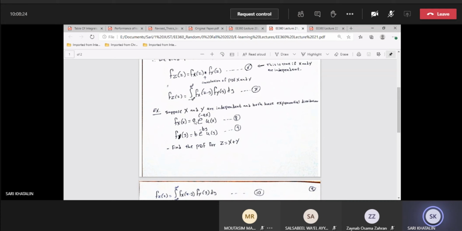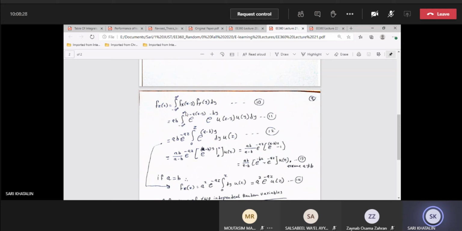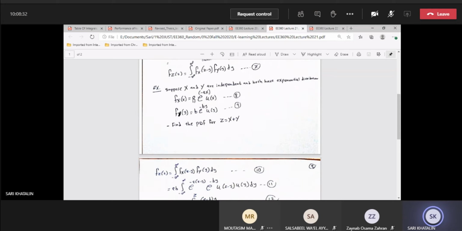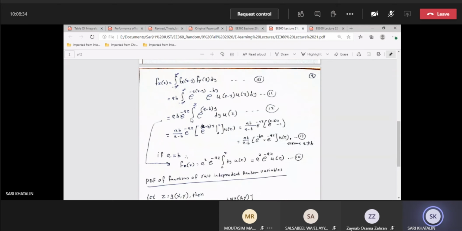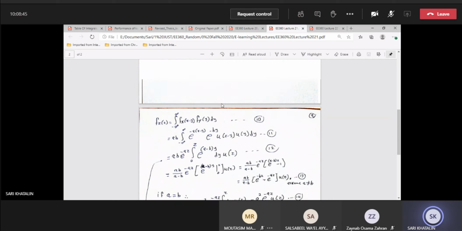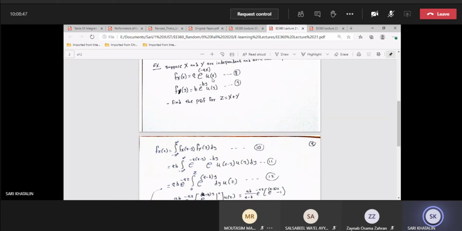You take the first one right here. Of course, A and B are constants, so they will be out of the integration. And then the exponential of minus A times Z minus Y, times the exponential of minus B Y, of course. And we have the step function u of X, and this is u of Y. X is going to be Z minus Y.